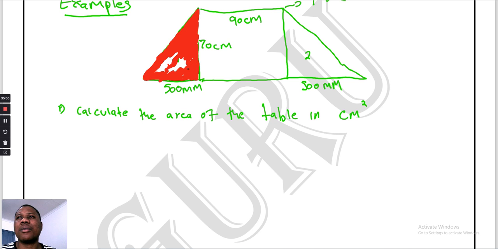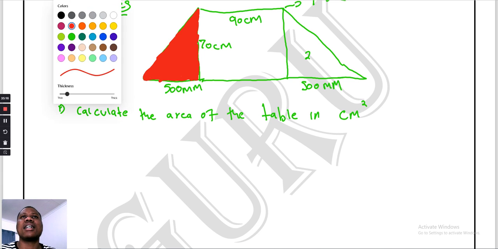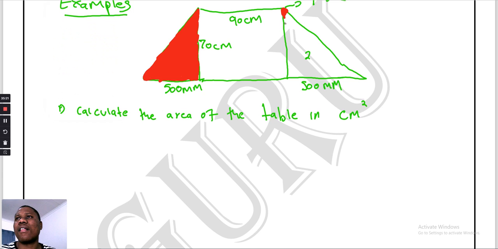What we can see here is that we have two right angle triangles. I'm going to emphasize it. Two right angle triangles, and we also have the rectangle in the middle.